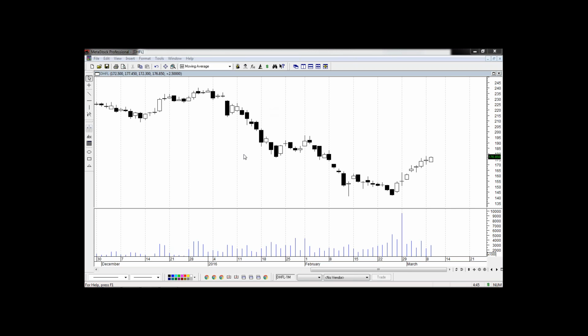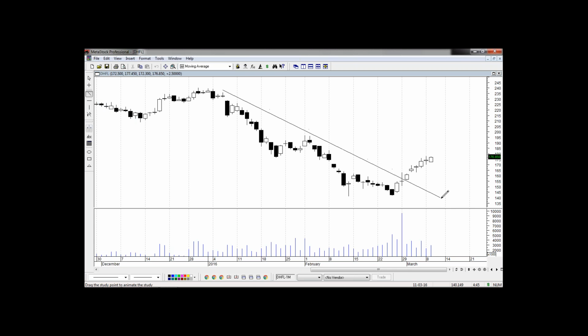So DHFL was one of the stocks which we were looking after on the buy side, mainly for today. So DHFL, let me show you how and why I gave the buy on this particular chart.